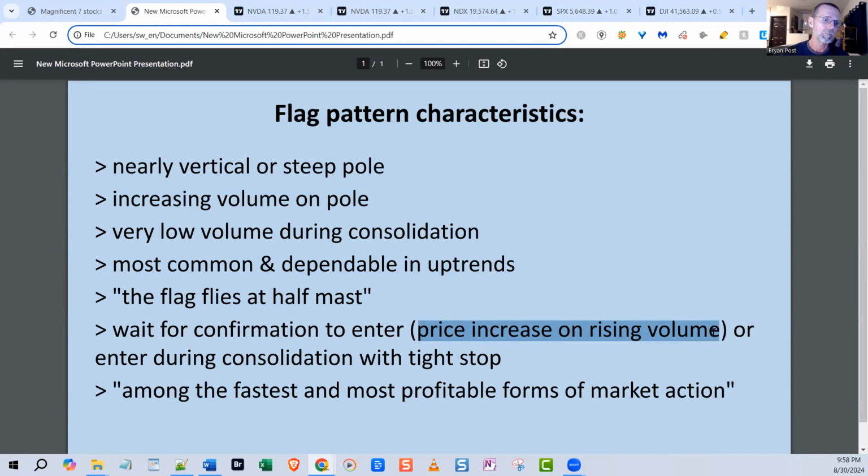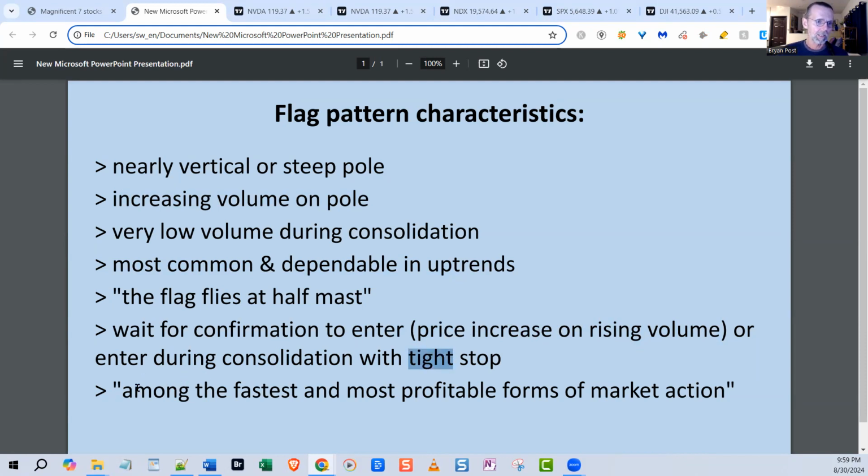Or you can enter during the consolidation, but if you do, you want to have a tight stop. In the technical analysis manual, they talk about how sometimes when price breaks out of the consolidation pattern, it gaps upward, so if you're waiting for that breakout, you may miss a chunk of the move because you weren't in the trade.